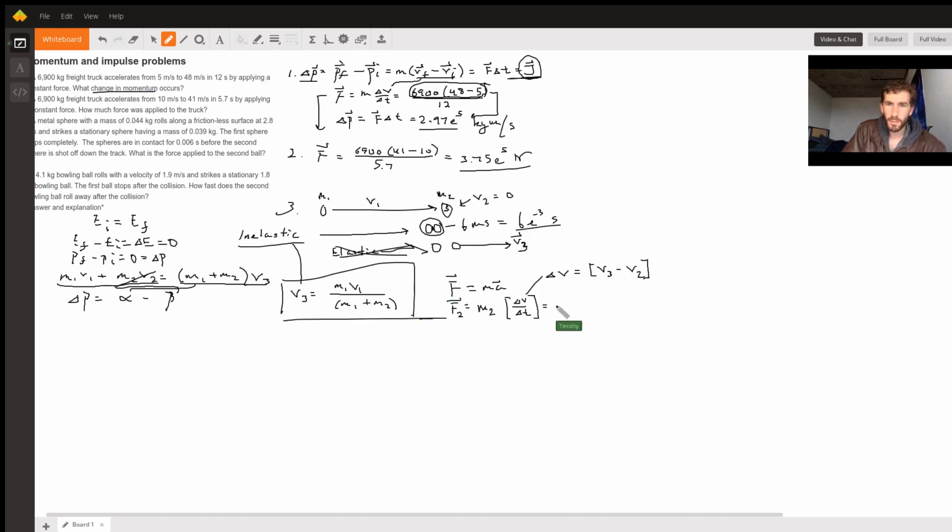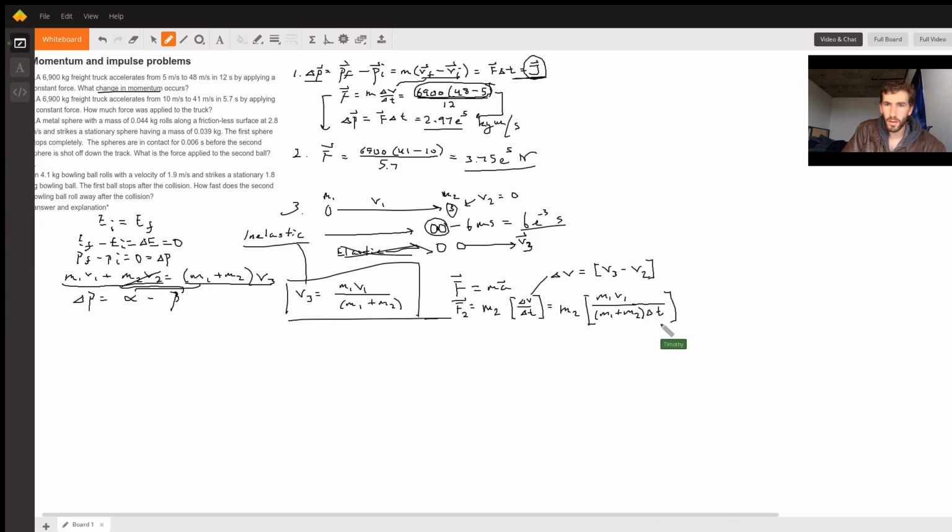So we're going to put V3 in here. So M2 times V3, M1 V1 over, and I'm just going to throw this all in, M1 plus M2 times delta t. Yeah, because it's that minus 0 divided by delta t.